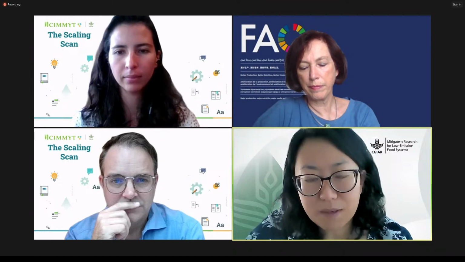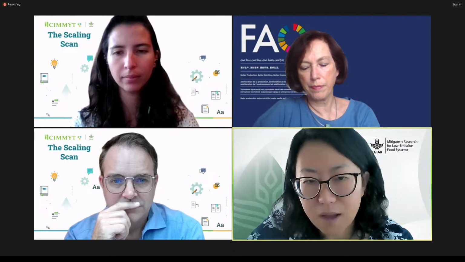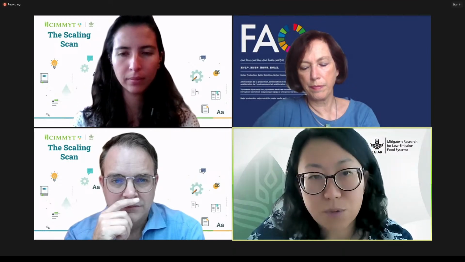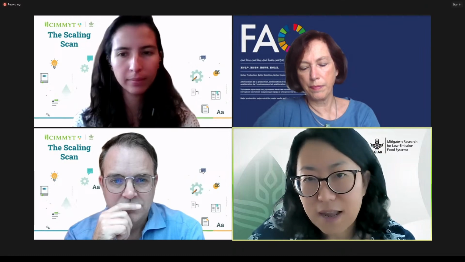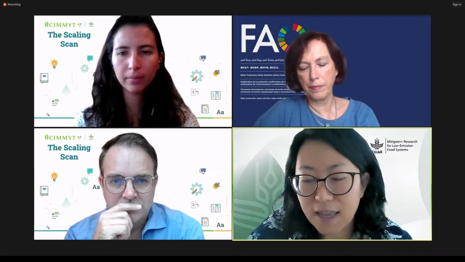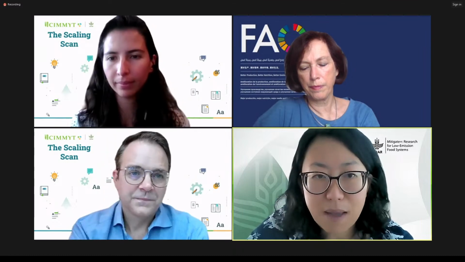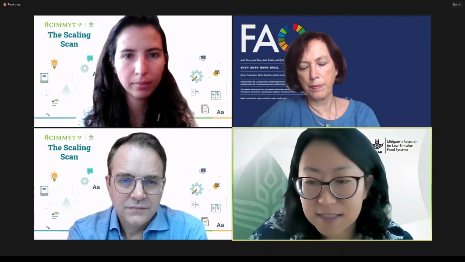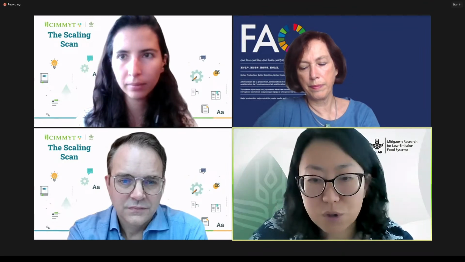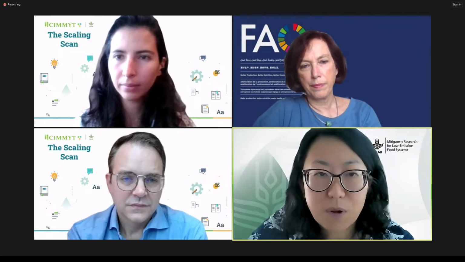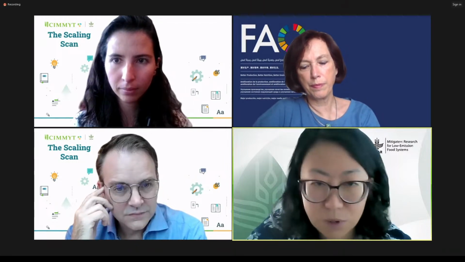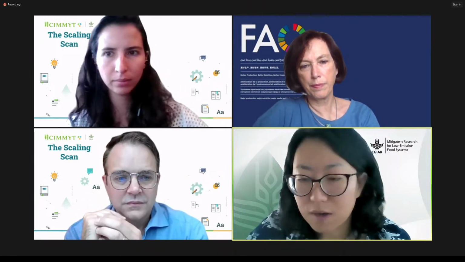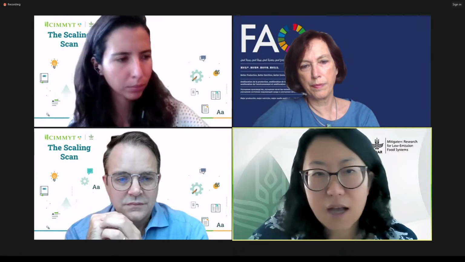So we're involved because we're currently using the tool in two main areas. One is that we're interested in scaling technologies and management approaches that have been identified and assessed to have high potential to reduce greenhouse gas emissions while simultaneously addressing other SDG targets.